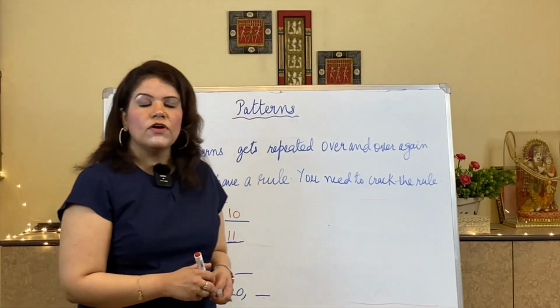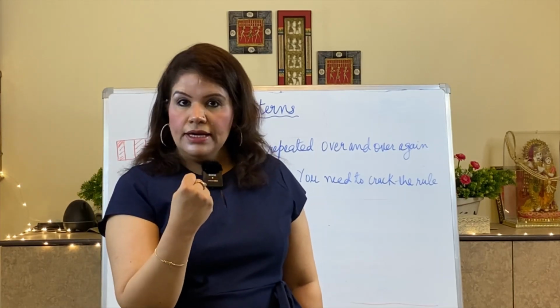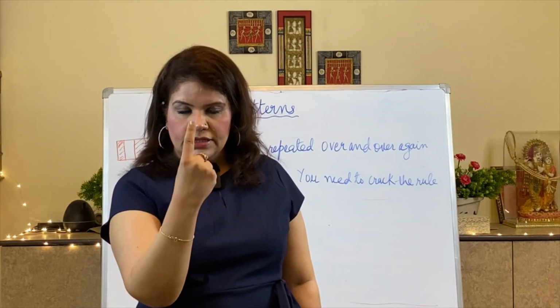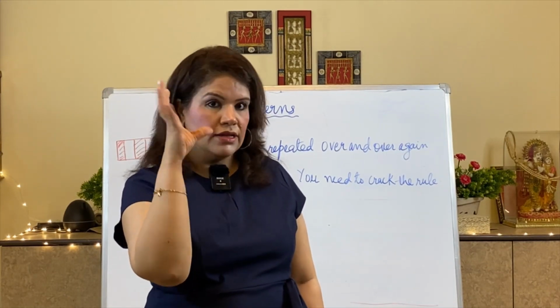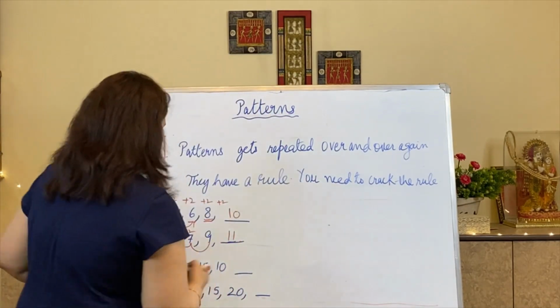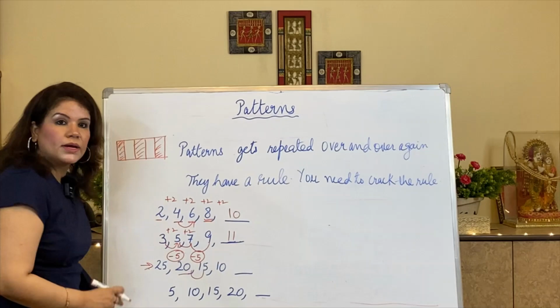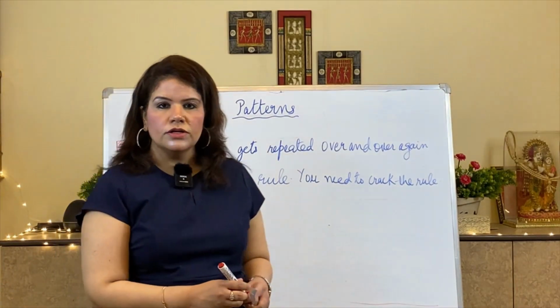From 20, if I have to go to 15, what will I do? 20 is in my mind. I will do the reverse counting. 19, 18, 17, 16, 15. This is my answer. So that means again I am subtracting 5, and on the 5th finger I am getting my answer. From 15 to 10 I am going to check further.